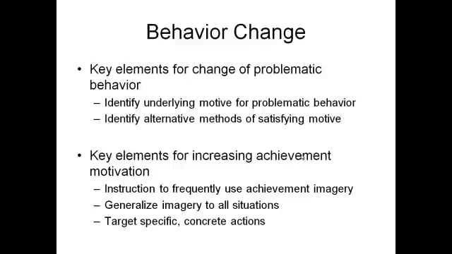So again, these are things to do. And again, think about ways to improve motivation in college students. Perhaps encouraging college students to enhance their need for achievement, and find effective ways of satisfying it.